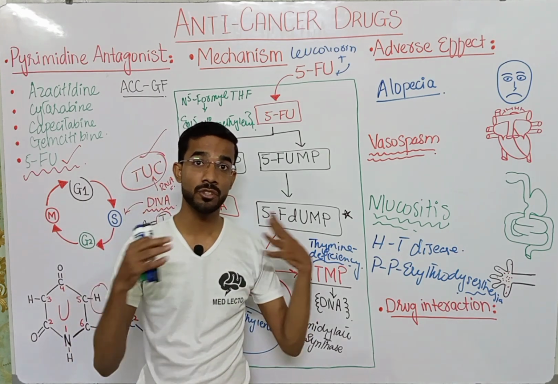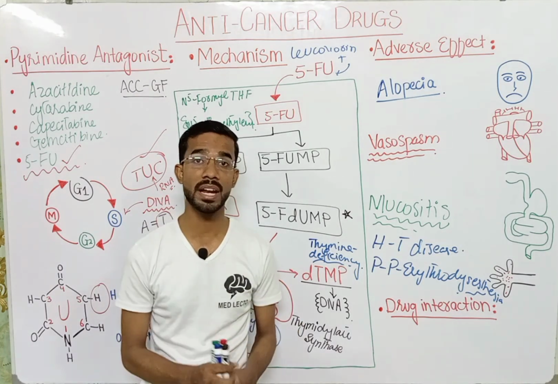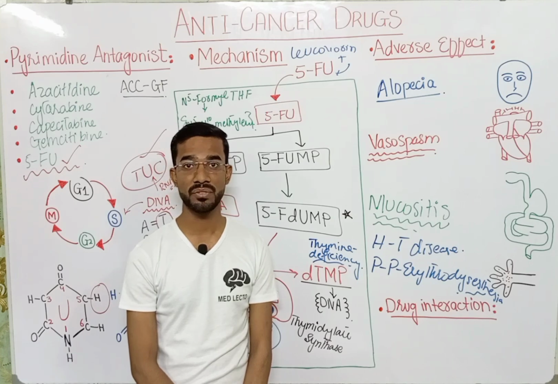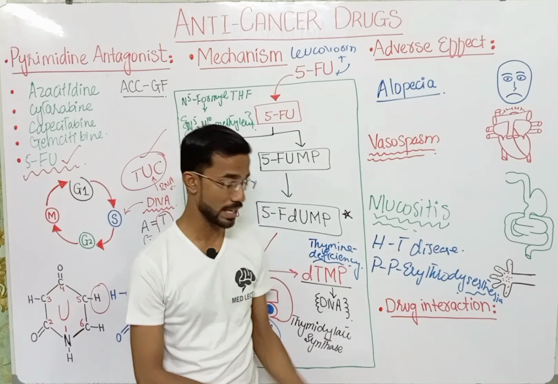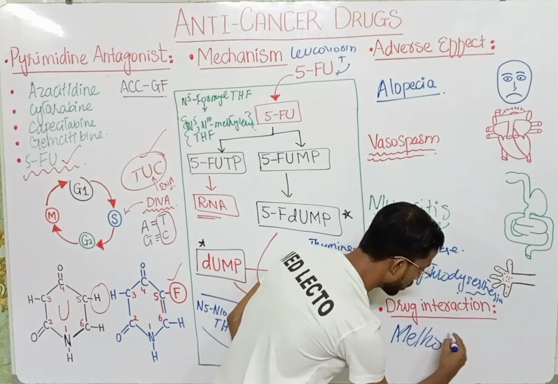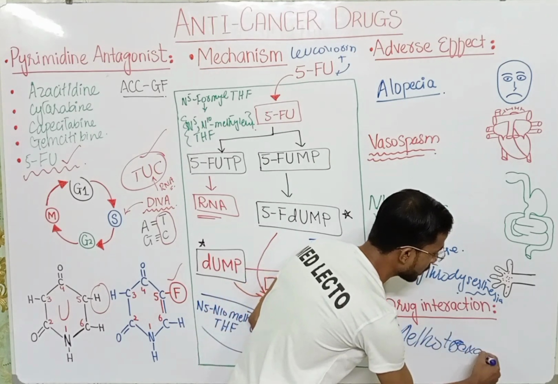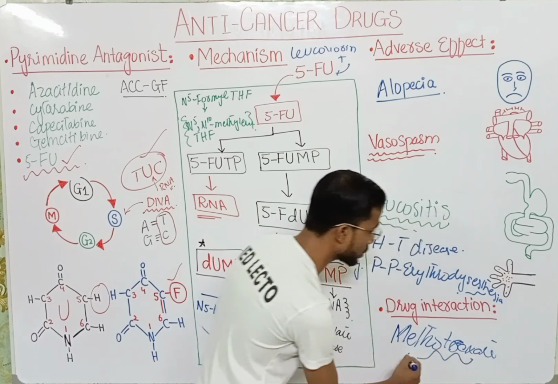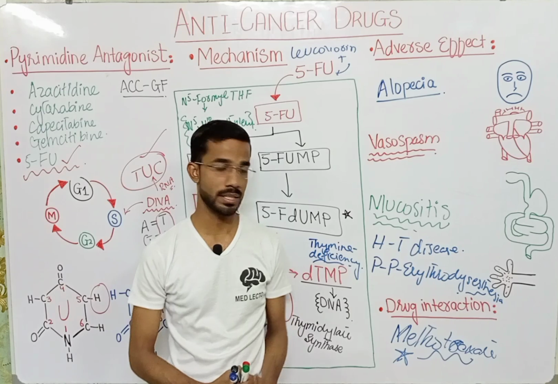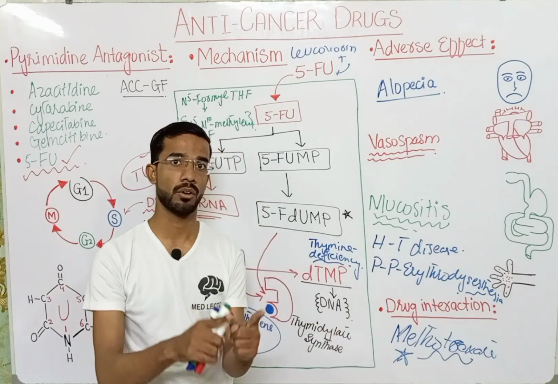What drugs interact, or you should not take along with the pyrimidine antagonist, specifically 5-fluorouracil, and that drug is methotrexate. Methotrexate is the drug that interacts with the 5-fluorouracil. It is a folate antagonist.